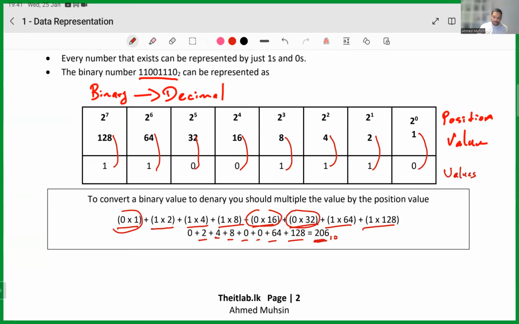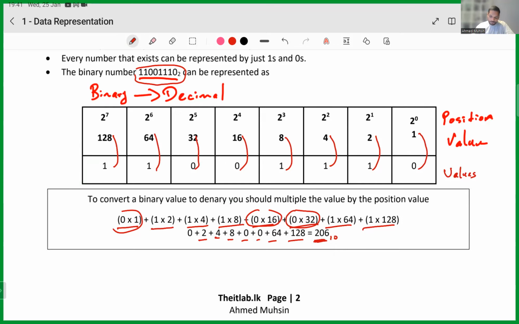The binary number 206 is written like this, and in decimal format, it's just 206, which is much easier for you to read. I want you to see the difference between the two, and I hope it makes sense how we converted it. We took a binary number and converted it into decimal format.